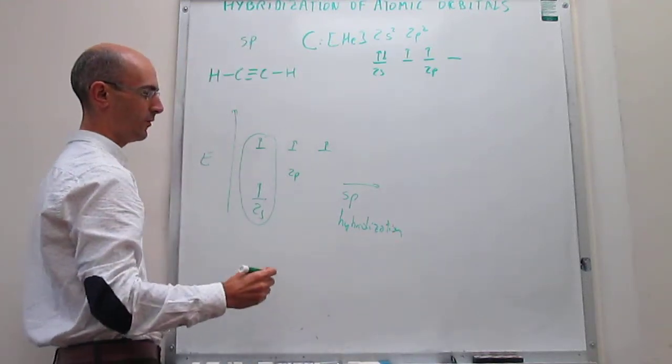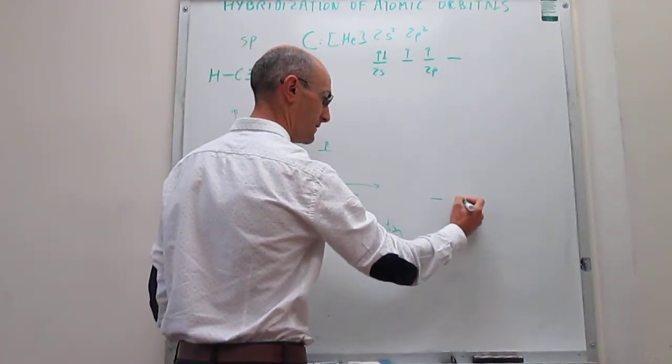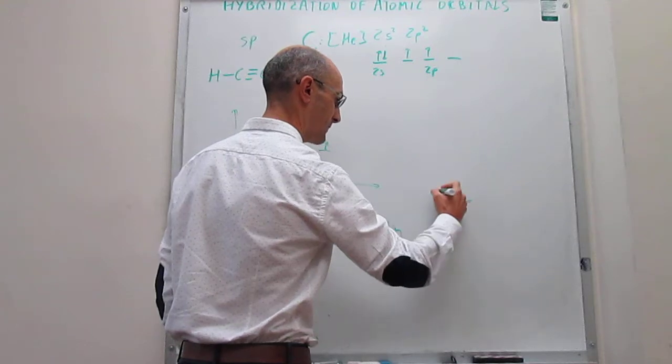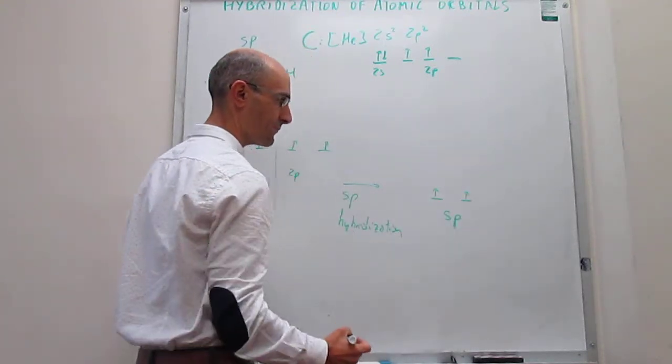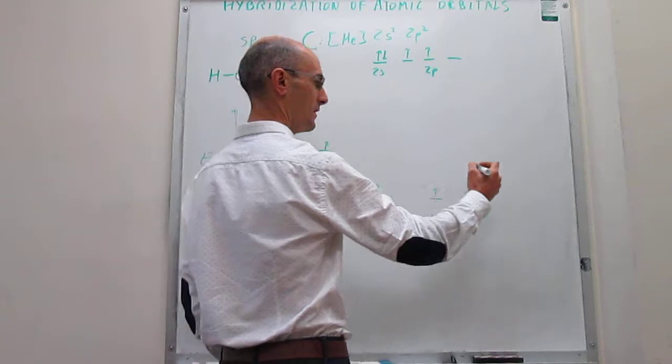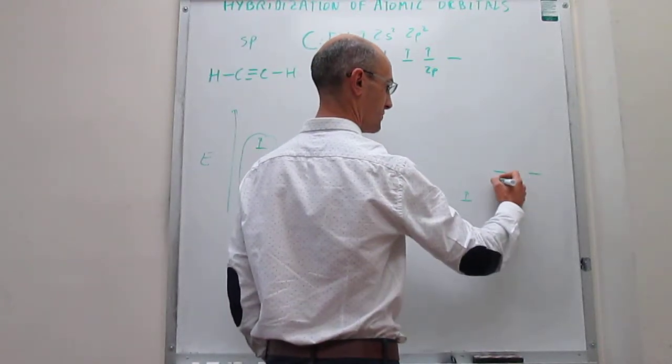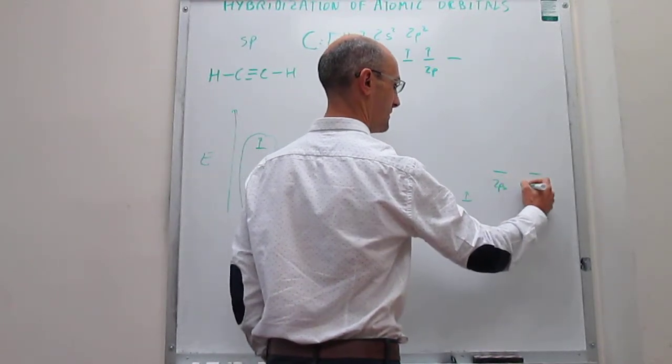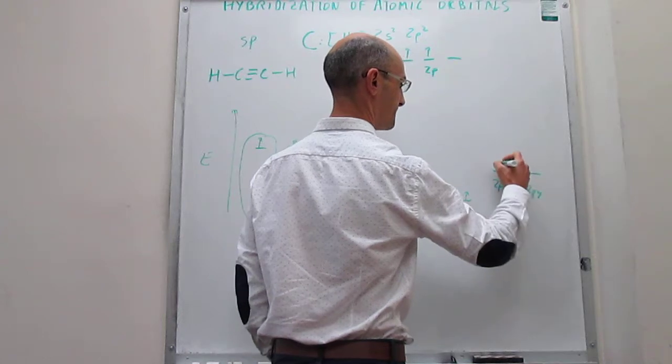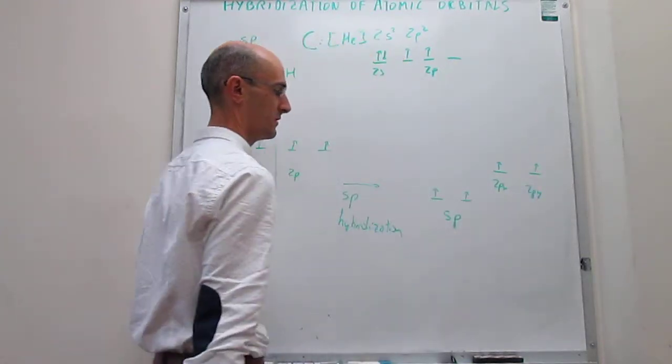And you will have an orbital diagram that looks like this. That is your sp hybrid orbitals, one electron in each, and then you will have your unhybridized orbitals. We're going to choose these to be the 2px and 2py orbitals with one electron each.